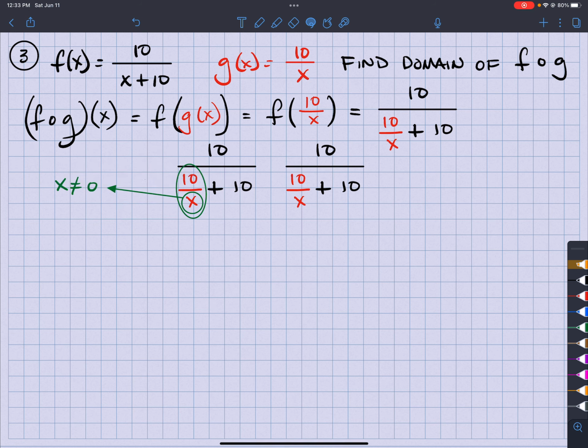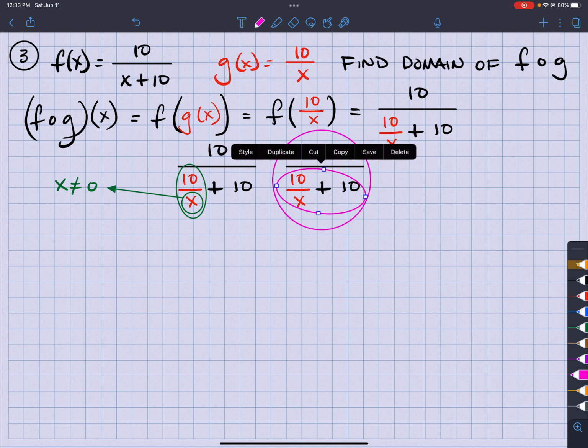Okay, so the other fraction that we see is really this whole fraction, okay? In this whole fraction, I have the denominator right here, okay?